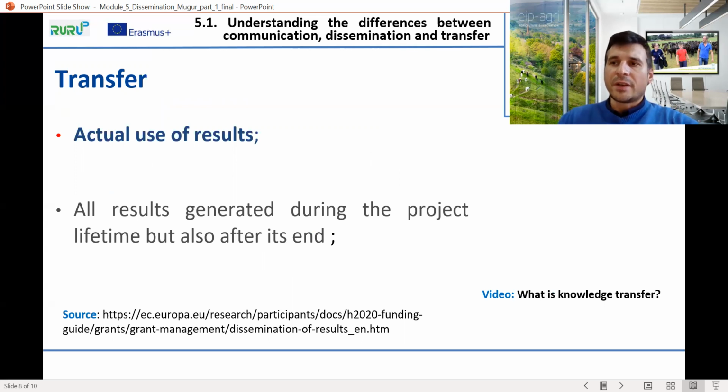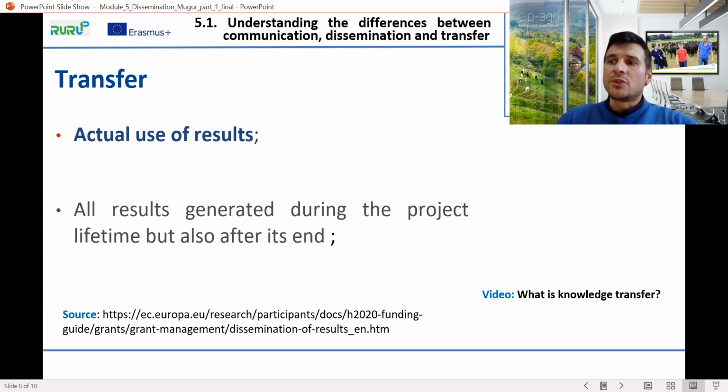Finally, transfer is the ultimate goal in a project. It means that a project result is applied by the end users. To do so, end users should see the problem and the advantages in applying a specific solution. Moreover, the transfer process should consider the conditions in which the end user operates, which can be different compared with the ones in which the project results were obtained.